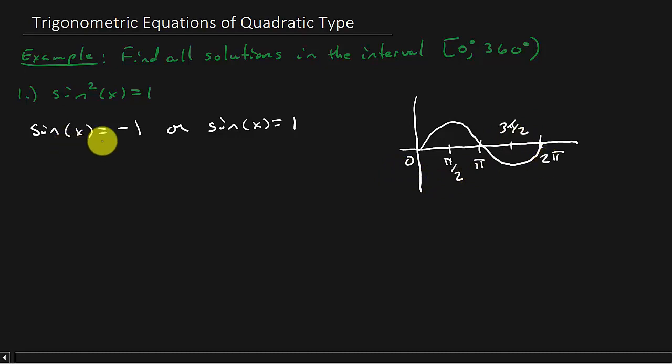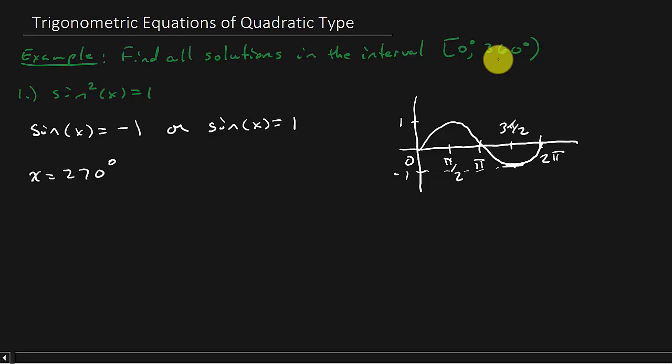So we want to see where sine is equal to negative 1. We know this is negative 1 here, and this is 1 here. At negative 1, there's our y value of negative 1. That's 3 pi over 2, or x is 270 degrees, because we're in degrees.